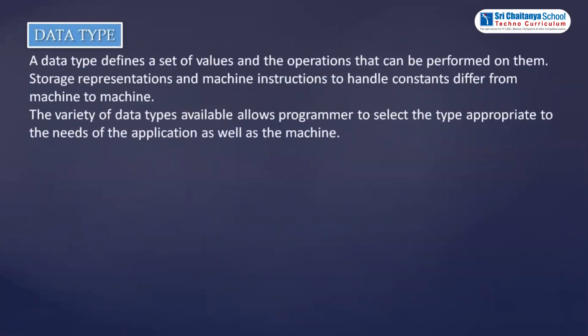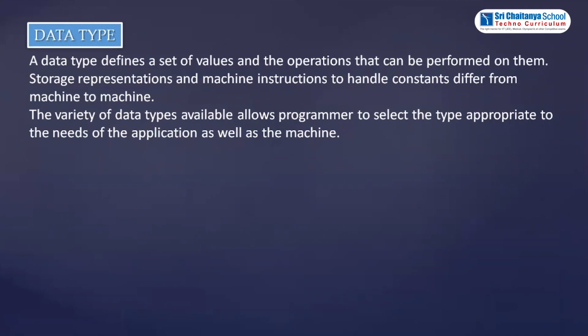Now let's see about the data type. When we understood the variable, we said a variable is used to store a value and it is going to allocate the memory space. And when I'm declaring a variable, I'm going to use the data type and then the variable name. So what is this data type?